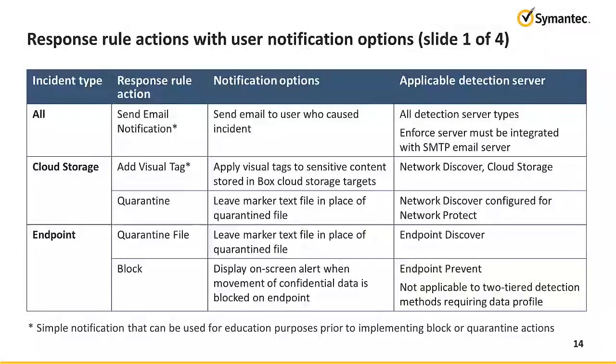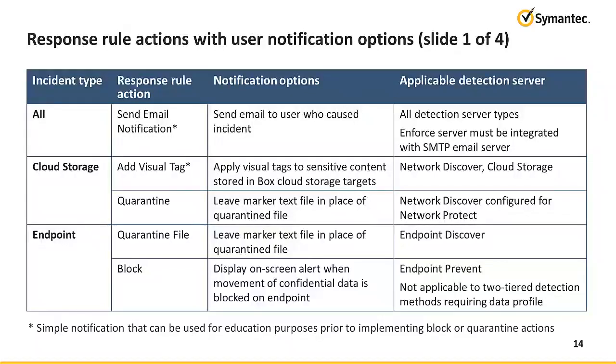Simple notifications, which we discuss in this lesson, are especially useful for the notification phase of the data loss risk reduction implementation model. Notifications that are part of block and quarantine responses are useful for extending data security awareness training into the prevention phase of the data loss risk reduction implementation model. For all incident types, you have the option of sending an email notification, and this will send an email with text that you specify to the user who caused the incident.